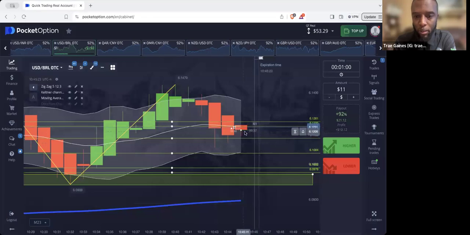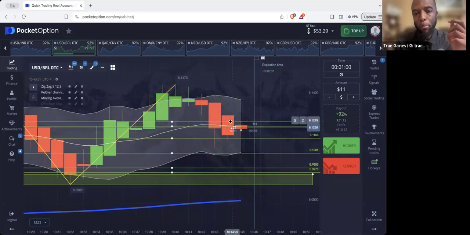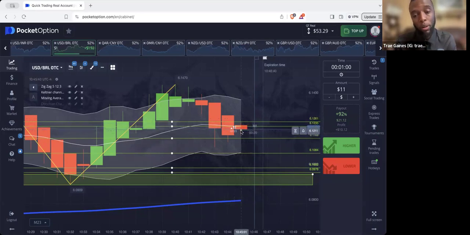As you see, when it ended it was right below that. So of course I'm only looking for buy, so I was able to re-enter that hedge. If it had ended above here, there would be no need for me to re-enter that. So for me to get in for a third hedge, I would have to lose this trade.